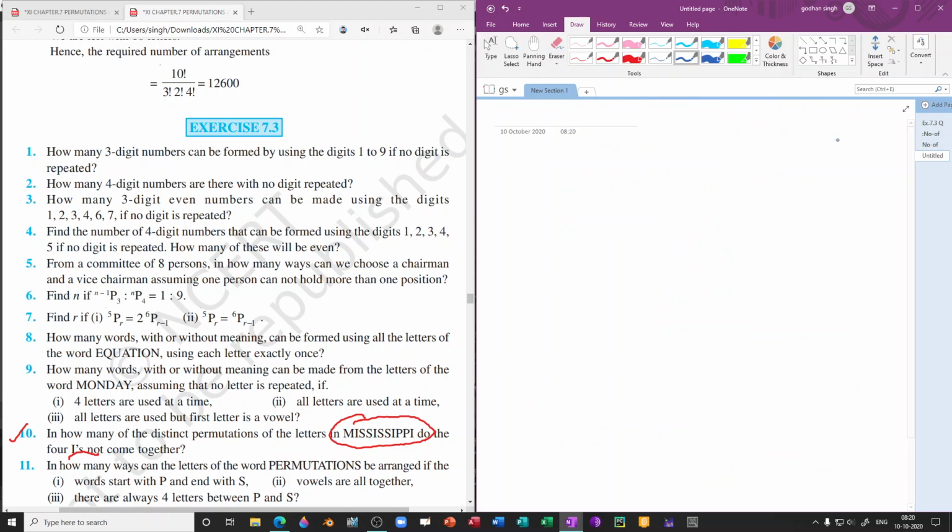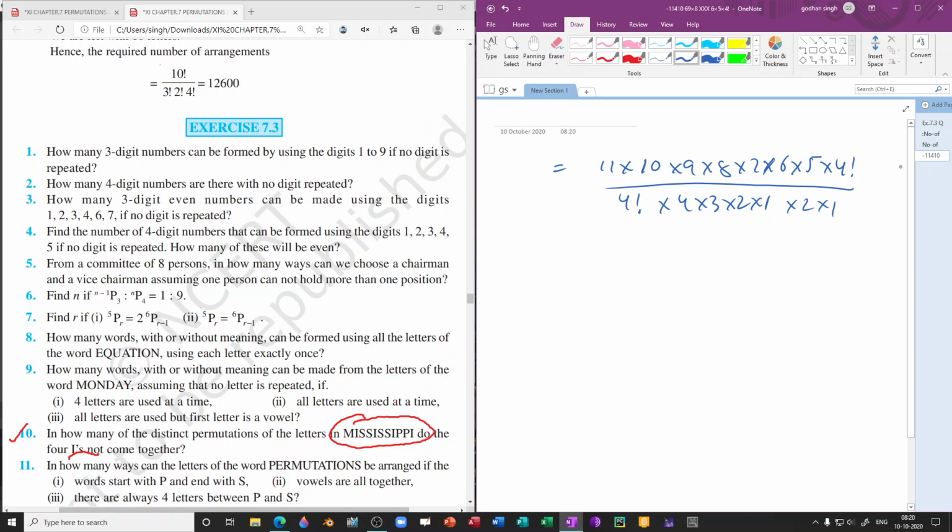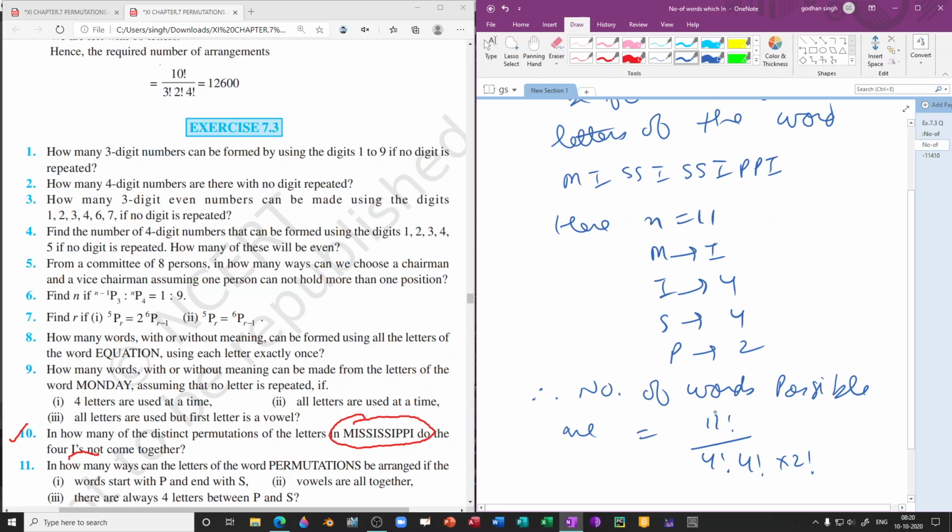This will give us 11 into 10 into 9 into 8 into 7 into 6 into 5 into 4 factorial, over 4 factorial into 4 into 3 into 2 into 1 into 2 into 1. So this is what we have got, 11 factorial over 4 factorial into 4 factorial into 2 factorial.